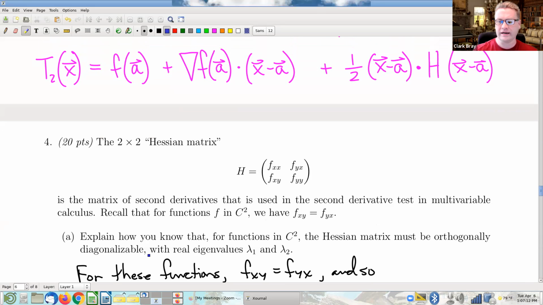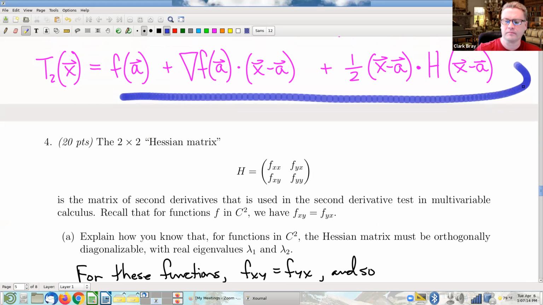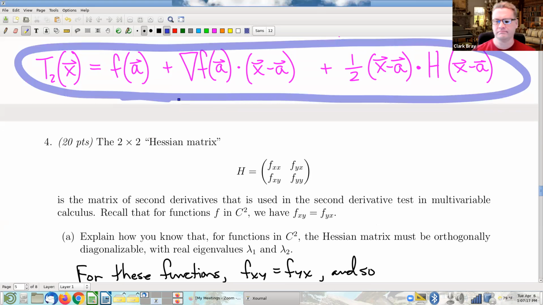And so I want to point out this formula up here. This is not in the book. I don't think it's in the Math 212 textbook either. This is the second order Taylor polynomial for a function of 2 variables. And it's not such a big surprise.